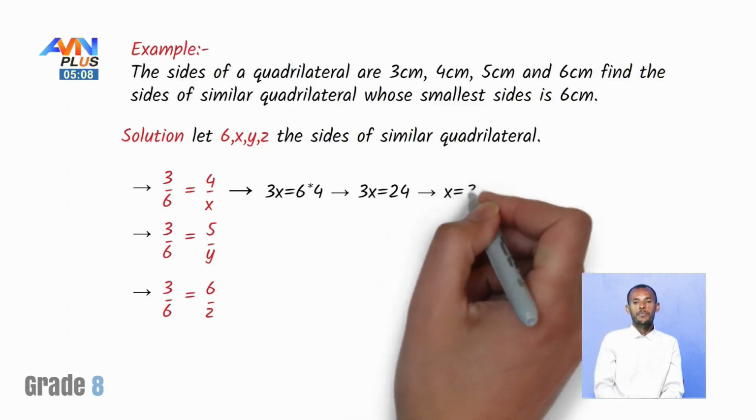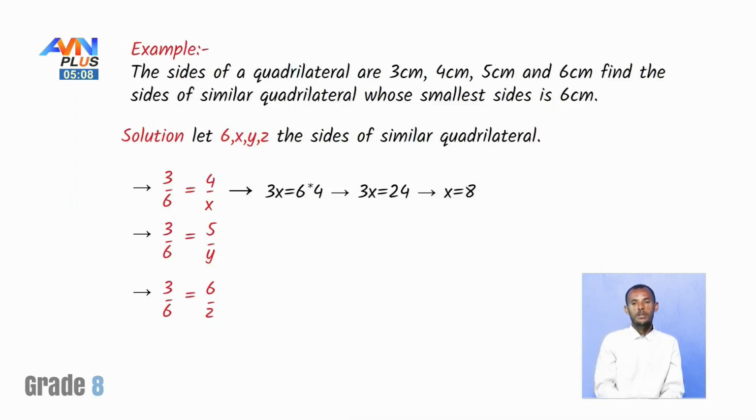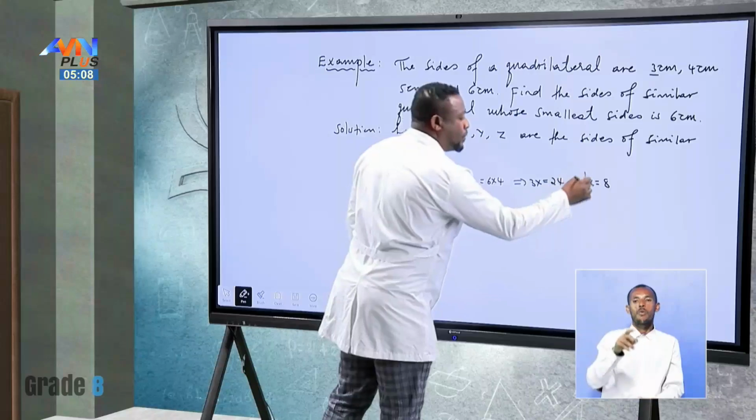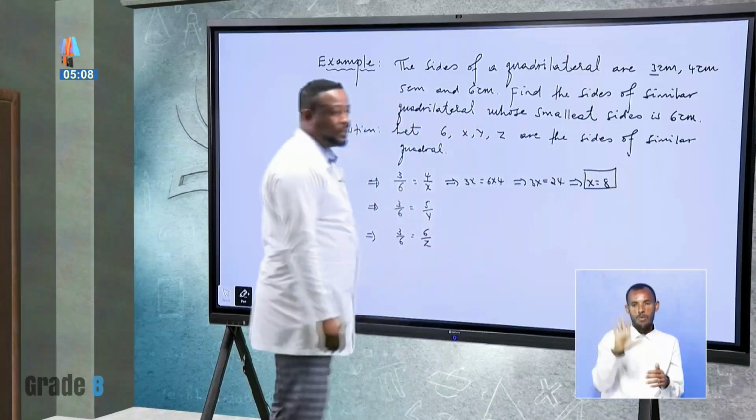So 3 times x is 24, okay? So dividing both sides by 3, we get x is equal to 8, right? The value of one of the sides of the unknown quadrilateral is 8.